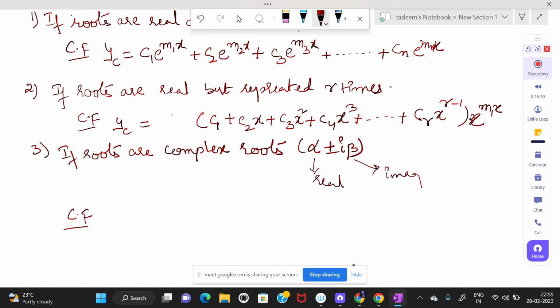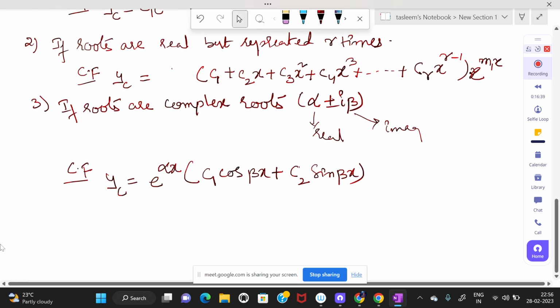Complementary function y suffix c equals e to the power of alpha x into c1 cos beta x plus c2 sin beta x. This is the way of representing your complementary function when the roots are complex.